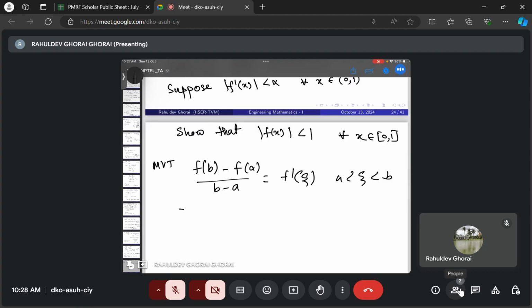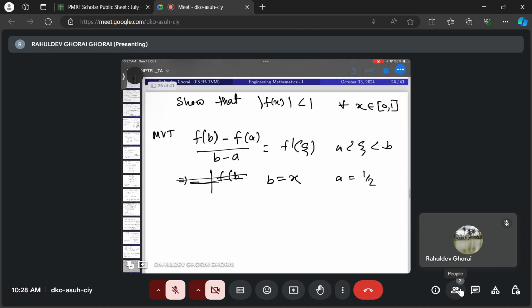Okay, so b is equal to x and a is equal to half, and b has to be greater than a, I mean x is greater than half.